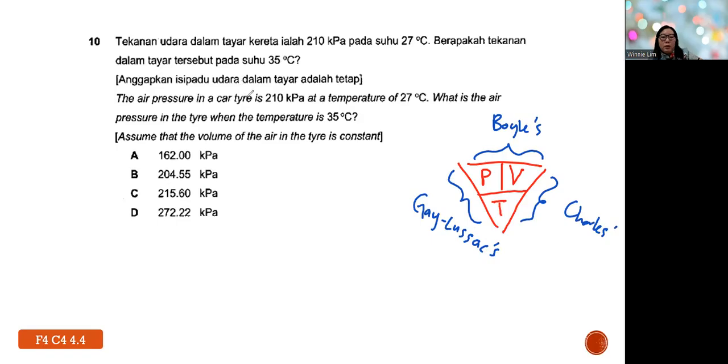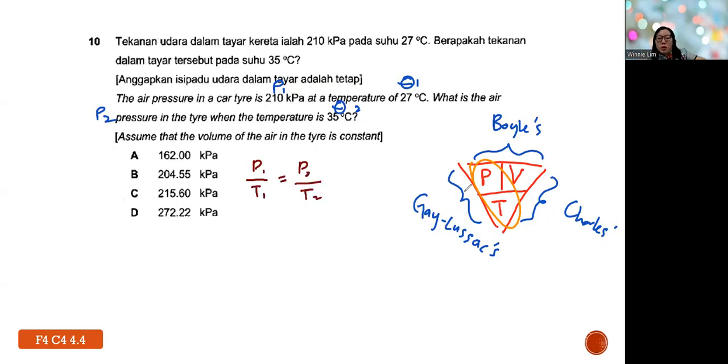So now they are involving pressure, temperature, and they want you to find the next pressure. So you can refer to this as P1 theta 1, this is P2 theta 2. That means you are involving the idea of pressure and temperature. So for this question, you are using the formula P over T, P1 over T1 equals P2 over T2.